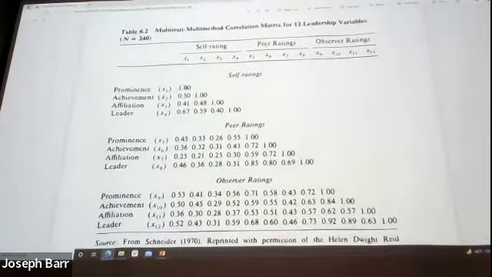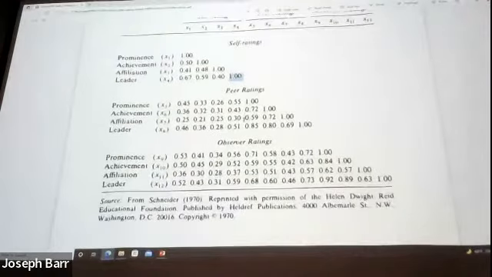In this table, there's no reliability. They still use a correlation table, with 1s in the diagonal, because the reliability is not available, but it doesn't matter.